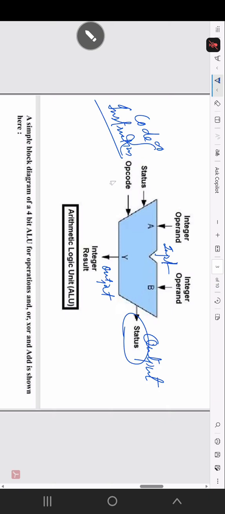A simple block diagram of a 4-bit ALU for the operations AND, OR, XOR, or add. You can see here there is a 4 into 1, meaning there are 4 inputs and 1 output.